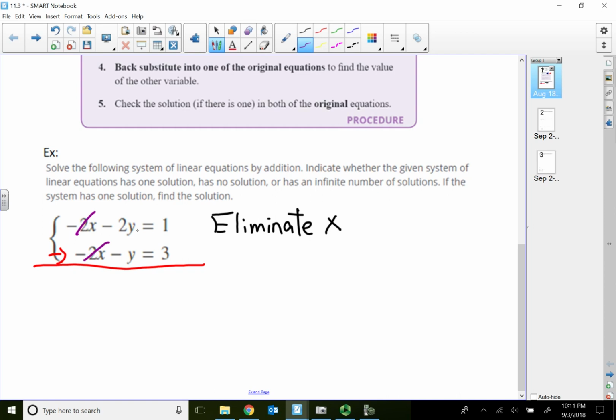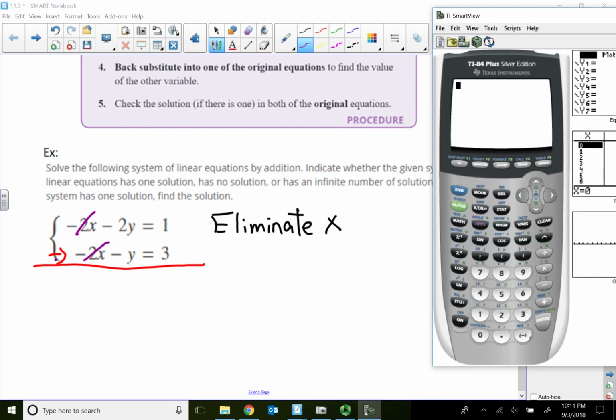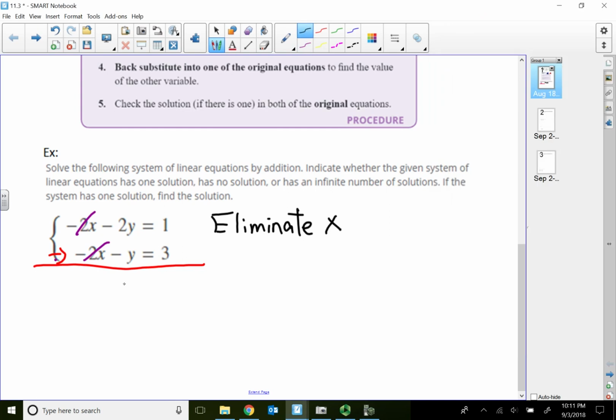Here we just have to be very careful: -2y minus a -y. -2 subtract a -1y is -1y. Equals 1 minus 3, which is -2. If I divide both sides by -1, my answer is y equals +2.